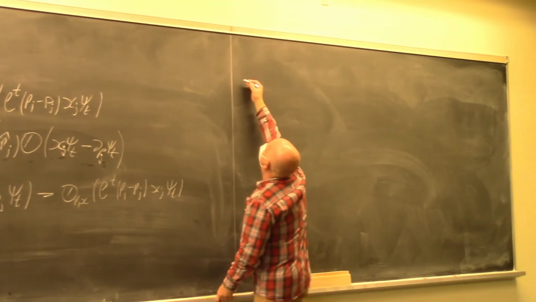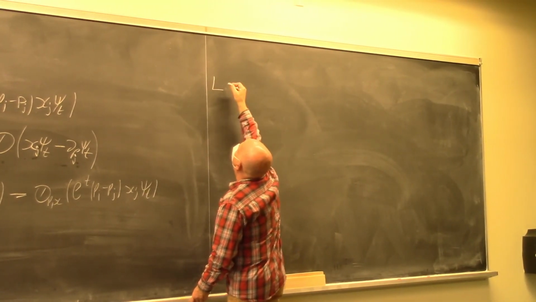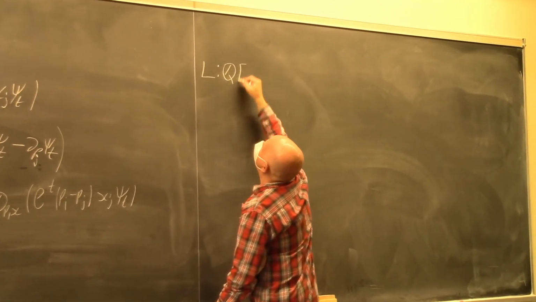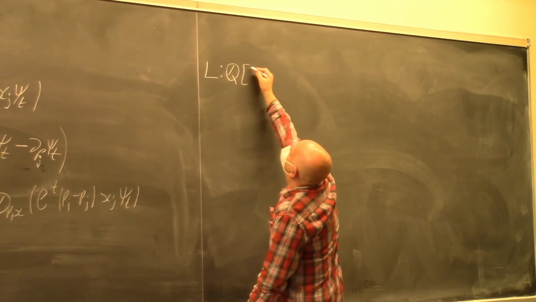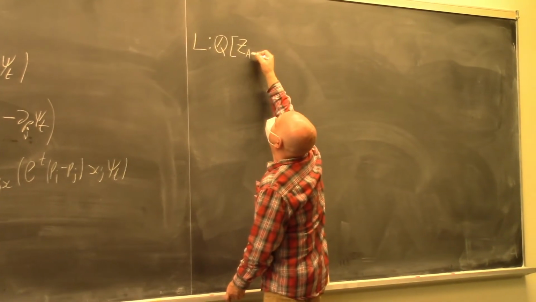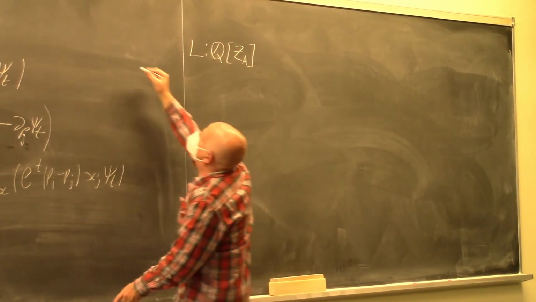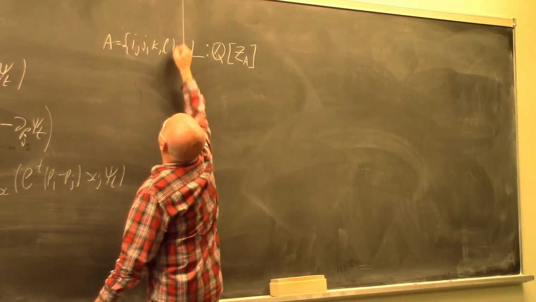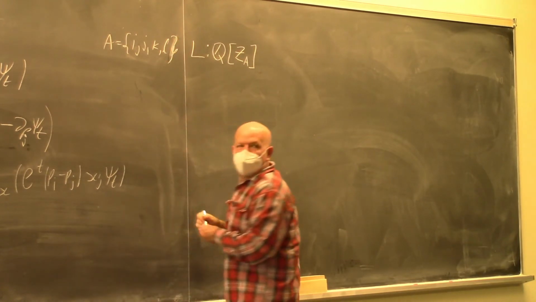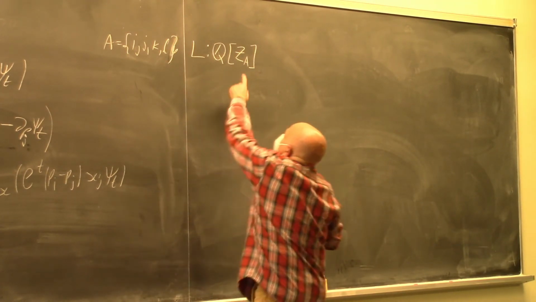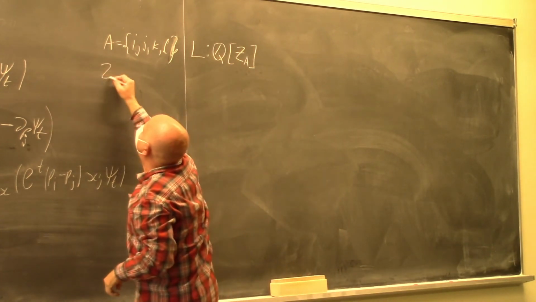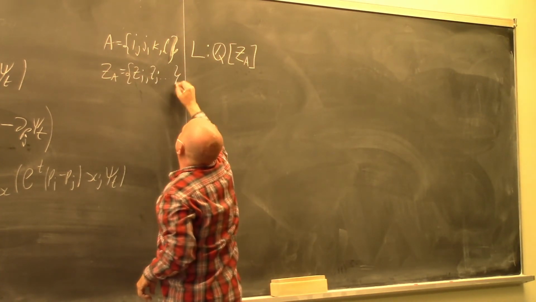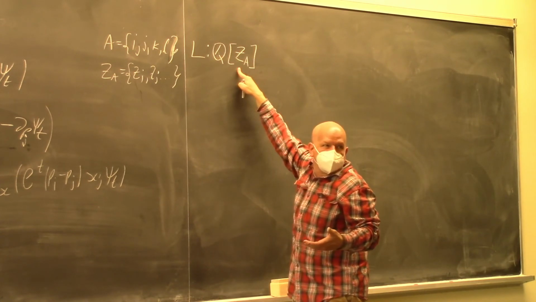So suppose I have a map L going from the polynomial ring in some set of variables z sub A. I will think that A is some finite set, I, J, K, L, and when I write Z sub A, I will mean variable Z corresponding to A. So Z sub A will be a collection of variables, Zi, Zj, etc. So Z sub A is some finite set of variables, if A is a finite set.